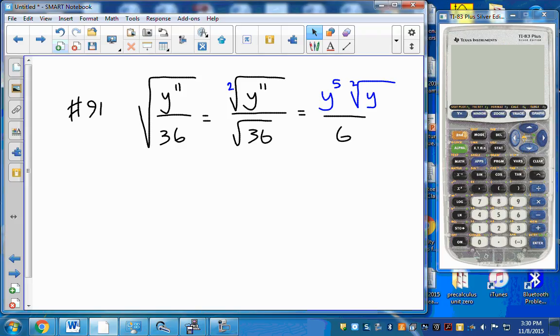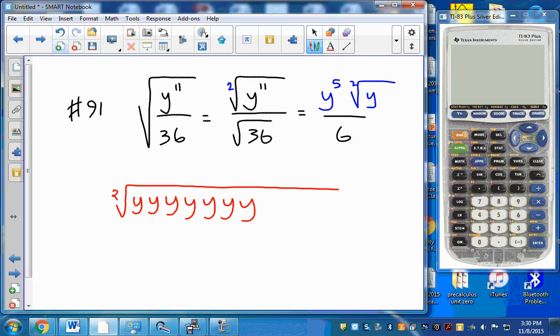Now, this is probably the first time where we had something left over. So I am going to go ahead and just do this out to sort of show you: 1, 2, 3, 4, 5, 6, 7, 8, 9, 10, 11. Okay, because it's a square root, we're looking for pairs. 1, 2, 3, 4, 5.